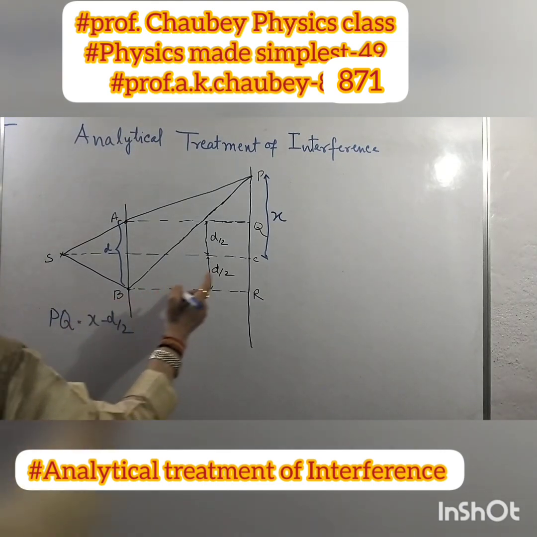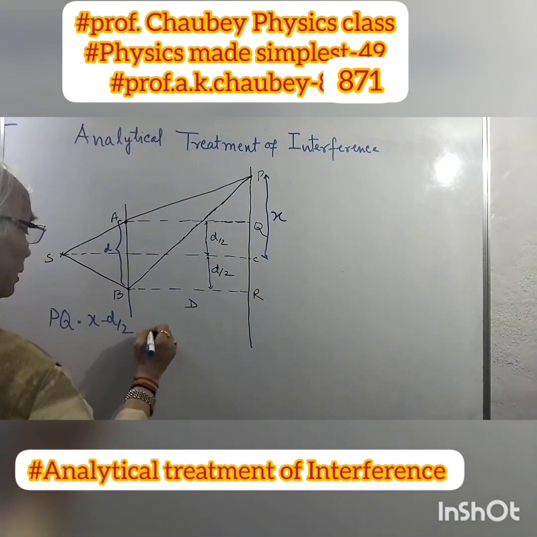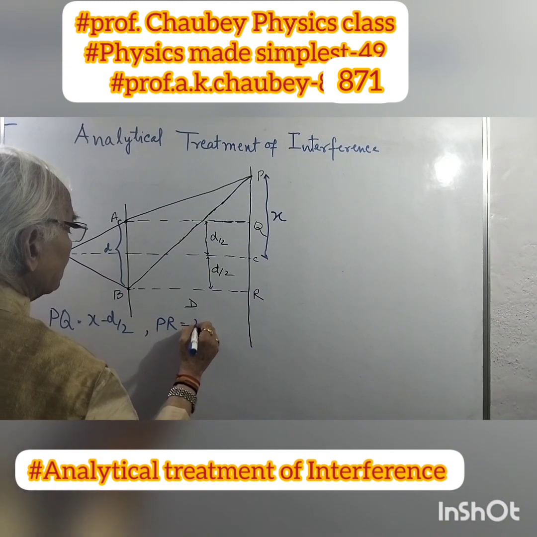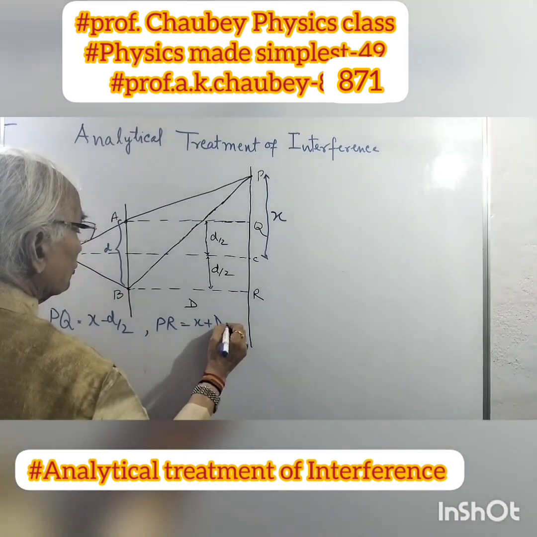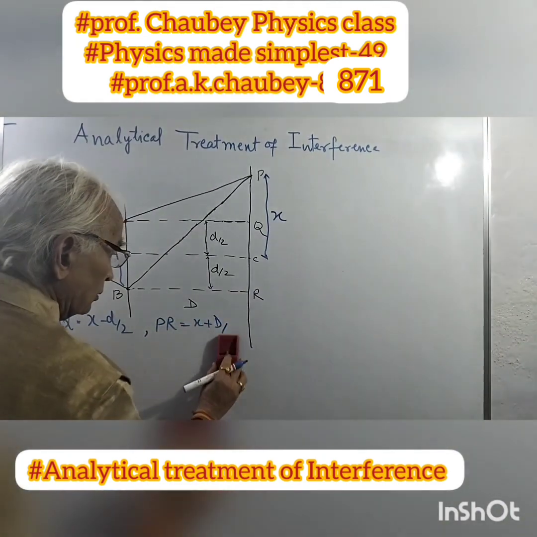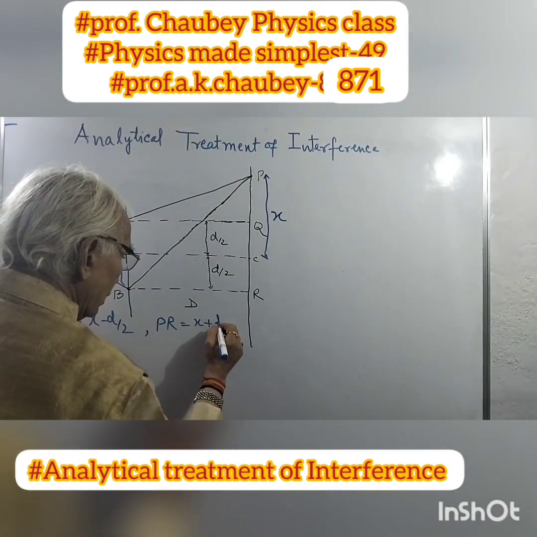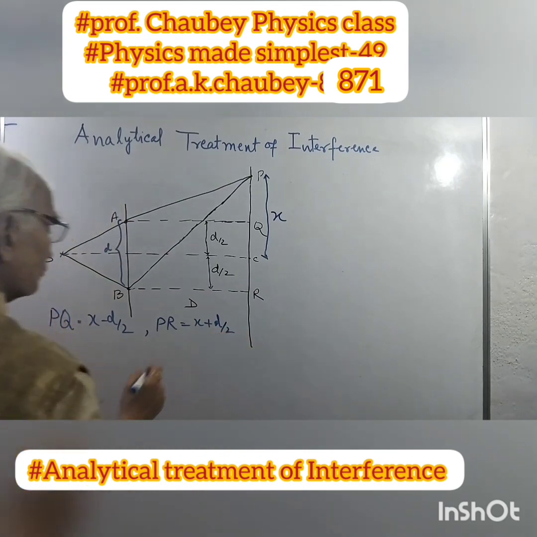And PR will be equal to, sorry, not capital D, small d, X plus d by 2.